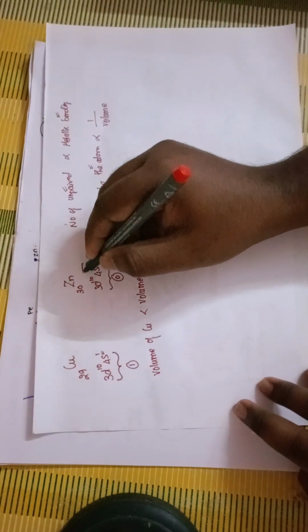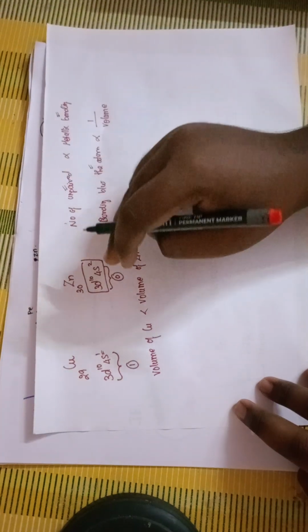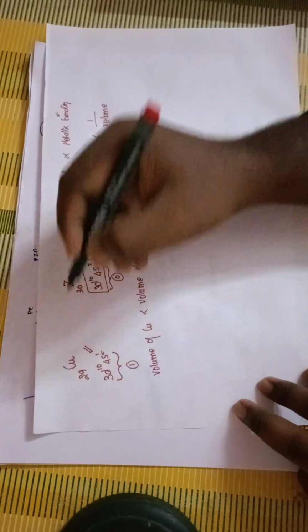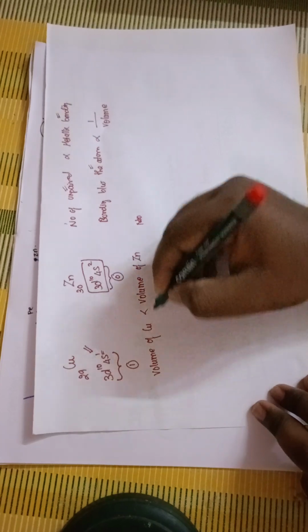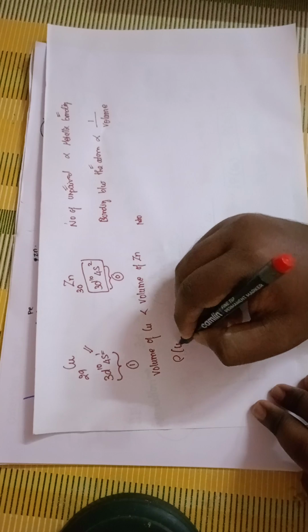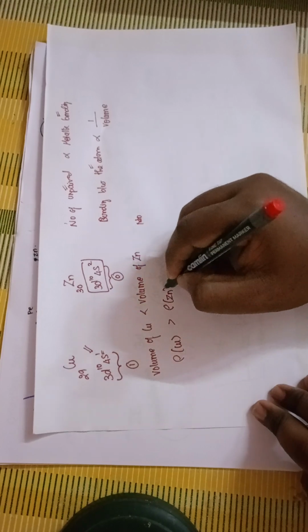Because in zinc there is no unpaired electron, so metallic bonding strength is very low compared to copper. Here one electron is responsible for metallic bonding, but here there is none. Since volume is inversely proportional to density, the density of copper is greater than the density of zinc.